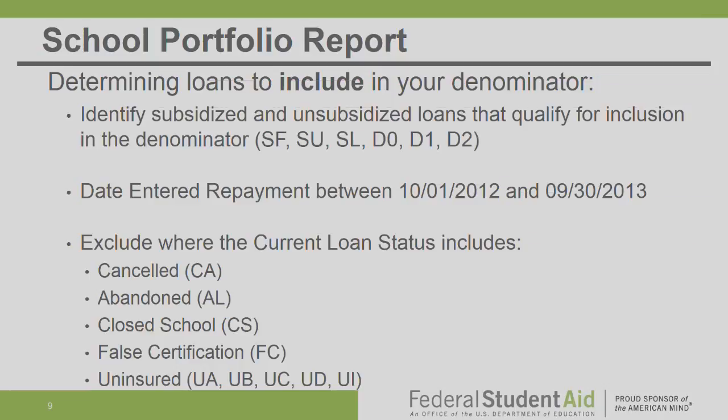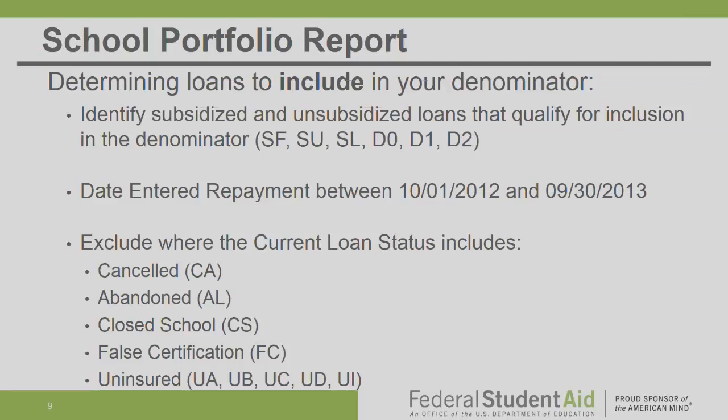The first thing we want to do is exclude some loan statuses. If a loan is canceled, it's not considered in the cohort default rate at all. If it's abandoned, which essentially means the guarantor does not know what's happening on the loan anymore, we don't consider it. Loans paid off through a closed school discharge are excluded.